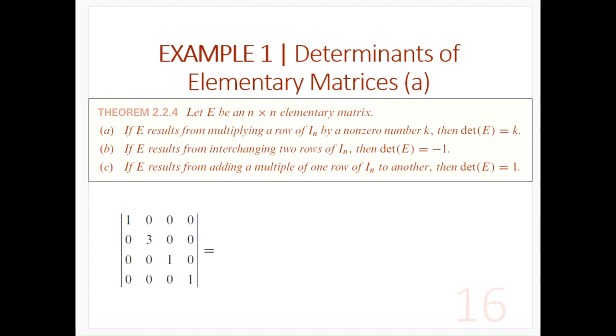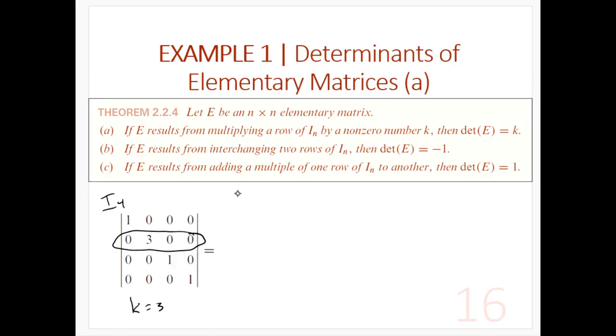So if you notice in example 1, this first matrix was created by multiplying the second row of an identity matrix by 3. So here our k was 3. So you can see here this second row was multiplied by k, in this instance 3. Don't forget the identity matrix here, we would notate it by calling it I4 because it's a 4 by 4 identity matrix. So here in this case we can look at A up here under theorem 2.2.4.